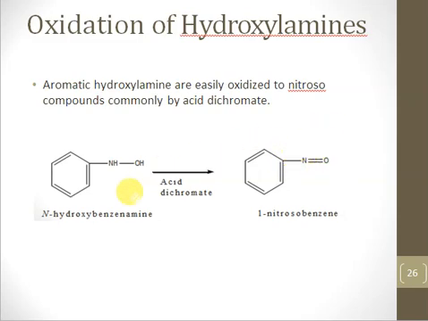So whenever you dehydrogenate such compounds, hydroxylamines, then in that case you always get the nitrosyl compound. The reagent normally used for this purpose is acid dichromate. So you can use sodium dichromate in presence of sulfuric acid, or you may use potassium dichromate in presence of sulfuric acid, right?